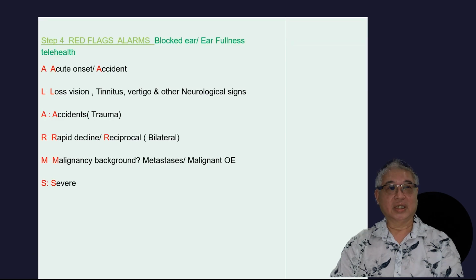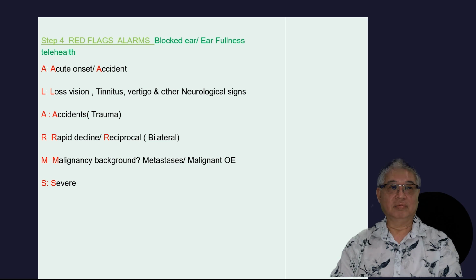Step four is where we test, and you put all your medical knowledge into play. Based on your inspection and your history, you have to differentiate the few causes. In any case history, there are red flags. I've got this alarms red flag mnemonic.